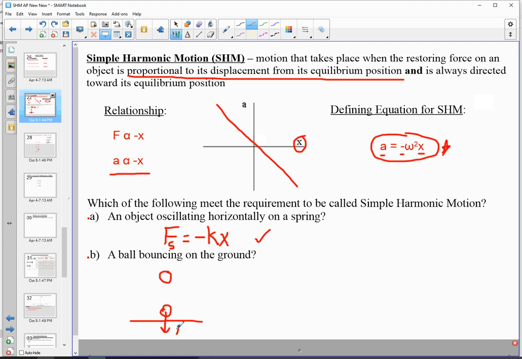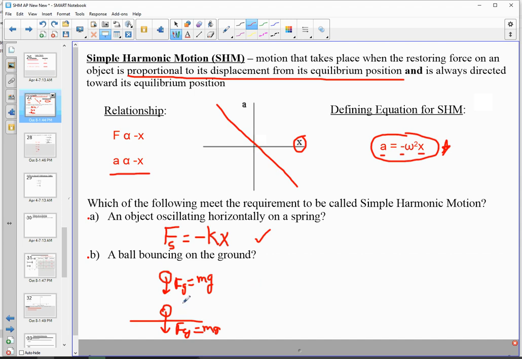Well, the force pulling it back down is the force of gravity, which is simply mg. And here we have the exact same force of gravity, Fg equals mg. And you might say, no, Mr. Poyer, little g varies with height. I know, but in a small band near the surface of the Earth, we assume little g to be a constant.